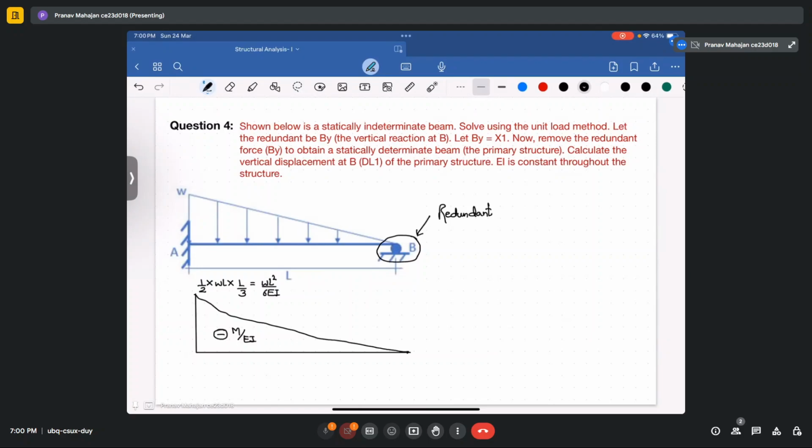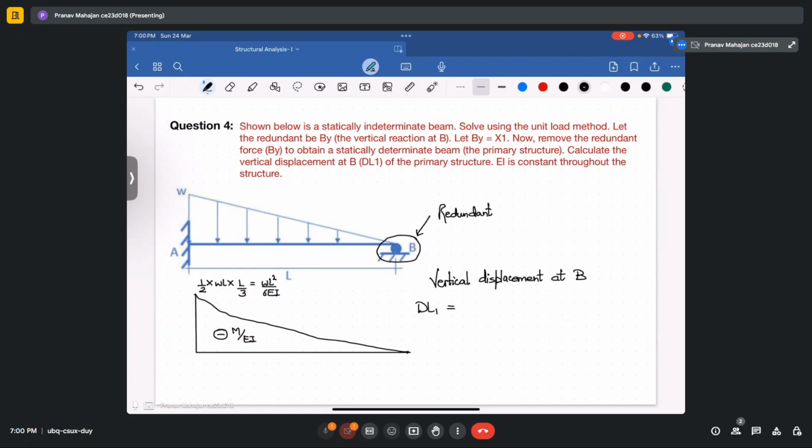Okay, so to determine the vertical displacement at support B, how will you do it? You will take the area of this diagram.